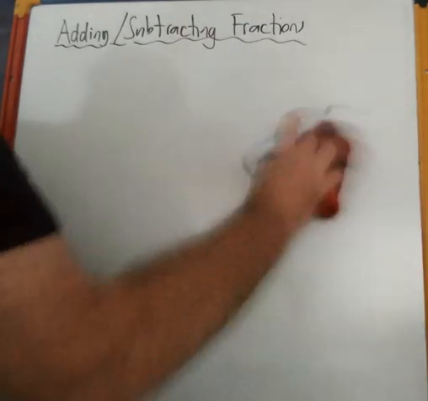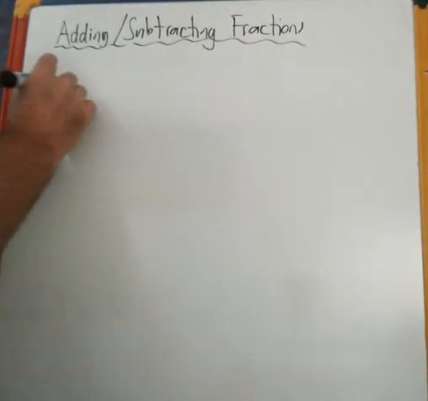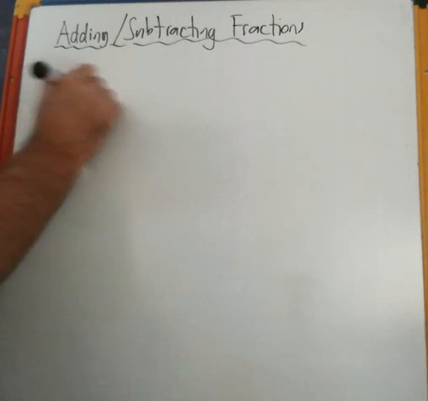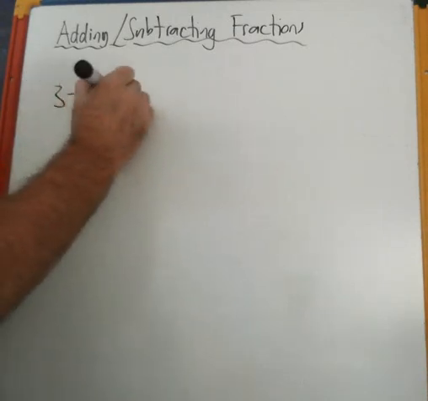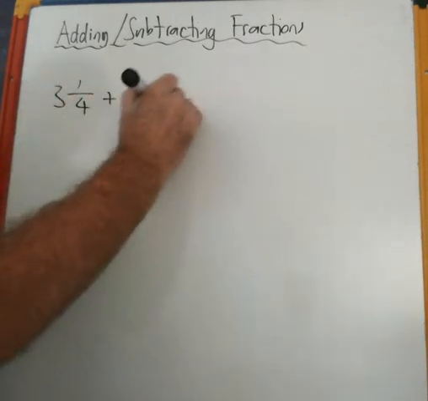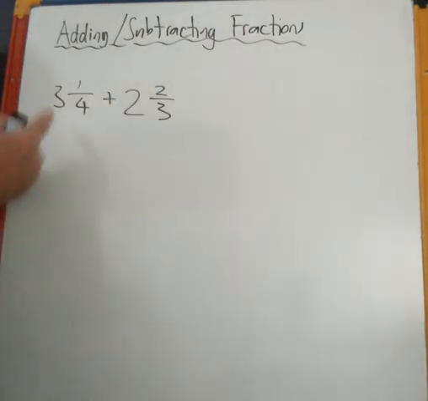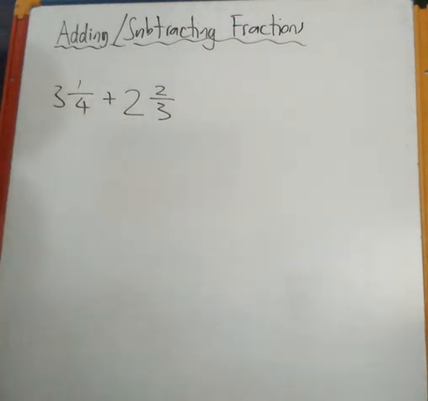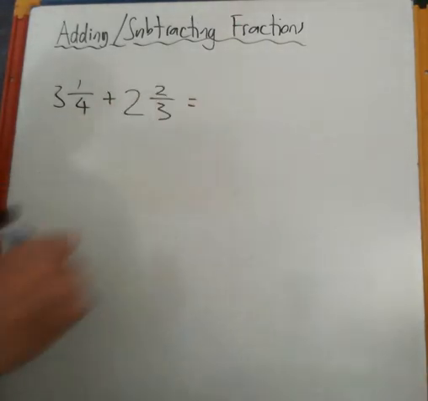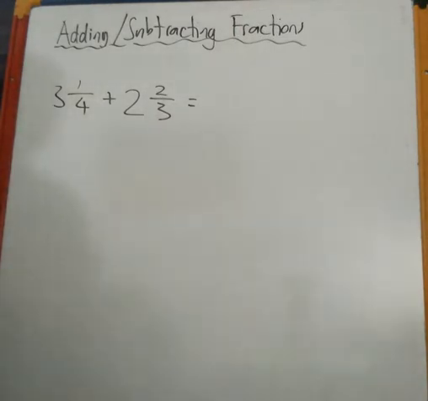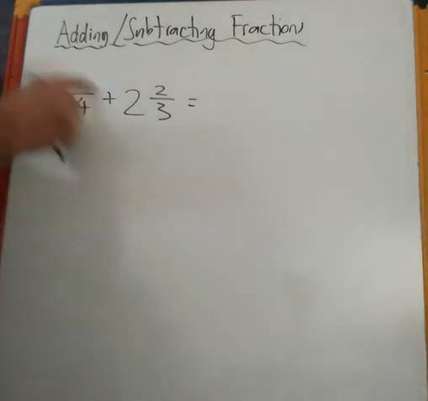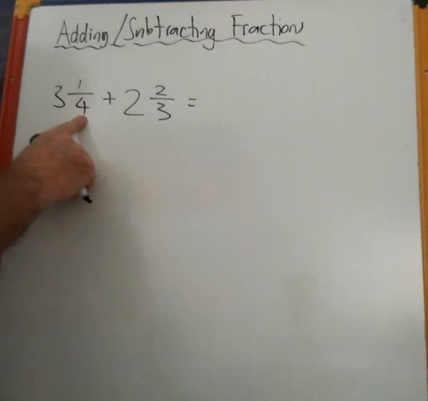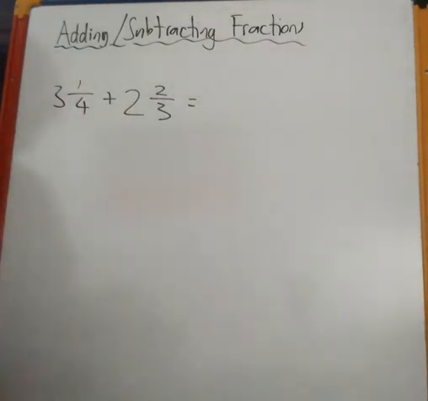So that's the basics. You may be in a situation where you have to add mixed numbers together. So it's not just got a fraction part, it's got a whole part as well. To do this, there's basically just one more step. We have to change the mixed number into a top-heavy fraction, an improper fraction.